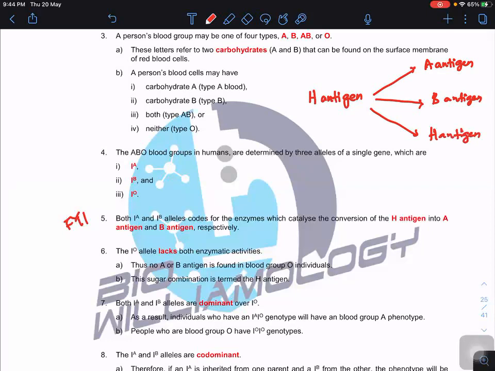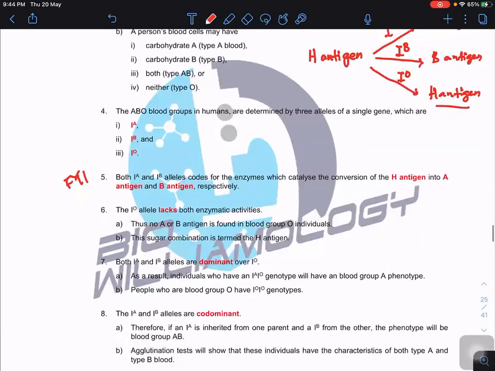If you want to convert to A antigen, you must have an IA allele. If you want to convert to B antigen, you must have an IB allele. If you want them to remain as H antigens, no change, then it is because of the IO. So 3 alleles give us the 3 effects here.